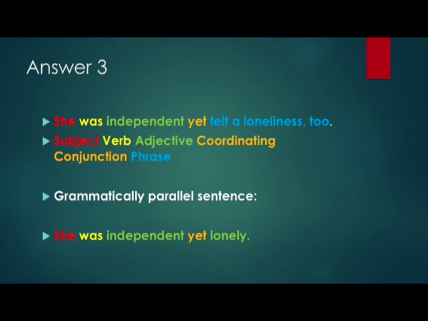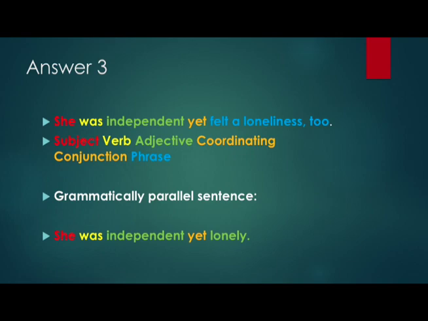Independent is an adjective, yet is a coordinating conjunction. And then we have this phrase, felt a loneliness too. So it is not grammatically parallel because we have an adjective here and a phrase there.